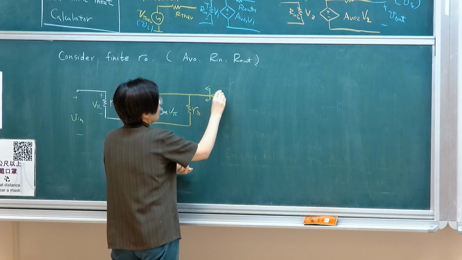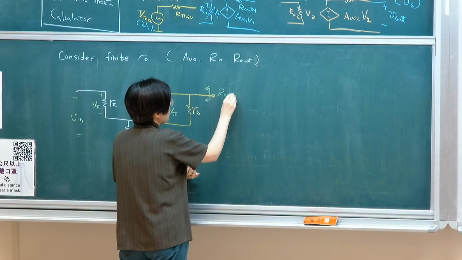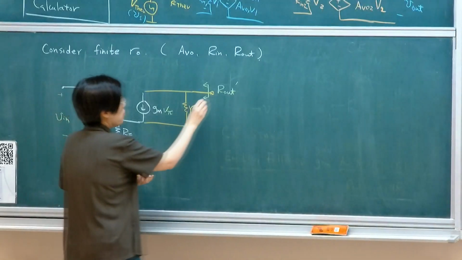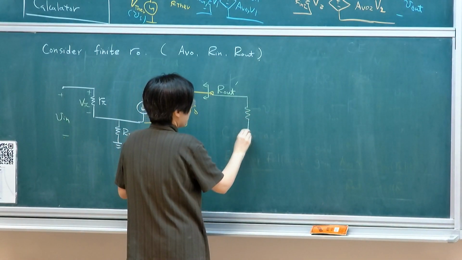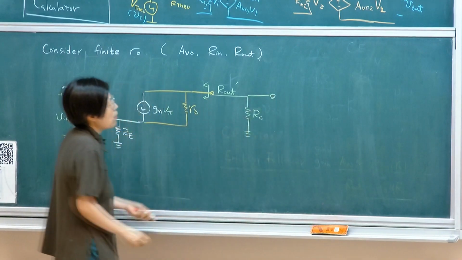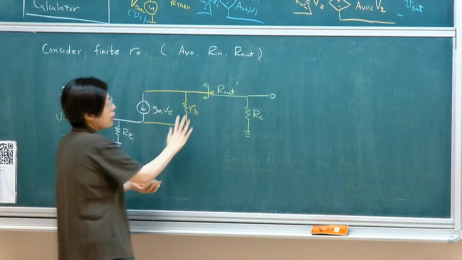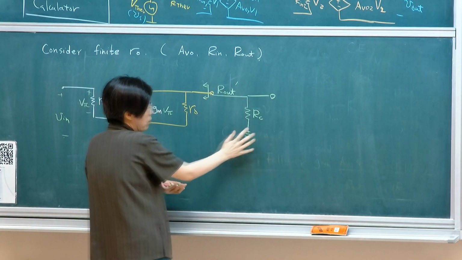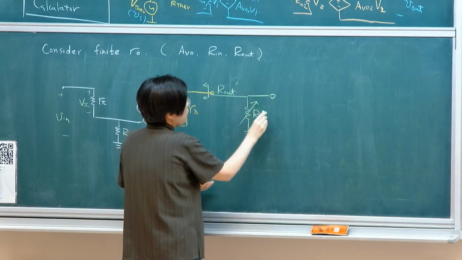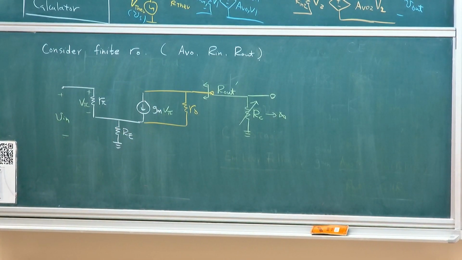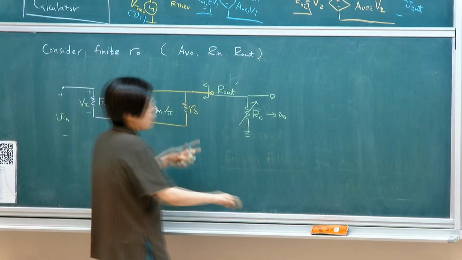I want to look at this output resistance without combining this RC. So this is when you wrap the outside. But we're just looking at only RL prime, where RC is infinite, or you can assume that it's connected to an ideal current source. Okay? So we're going to look at this particular case.